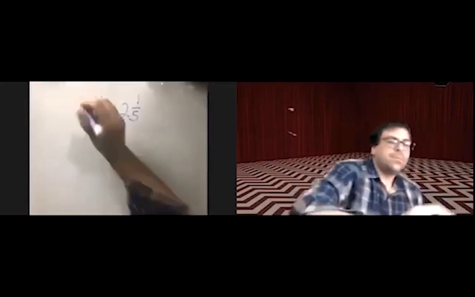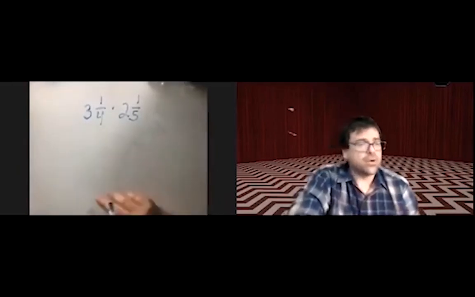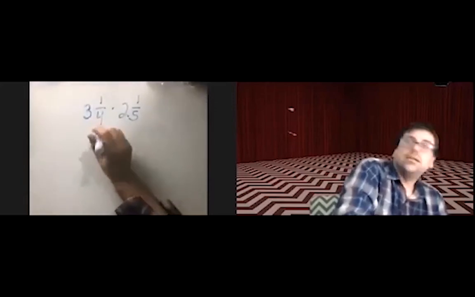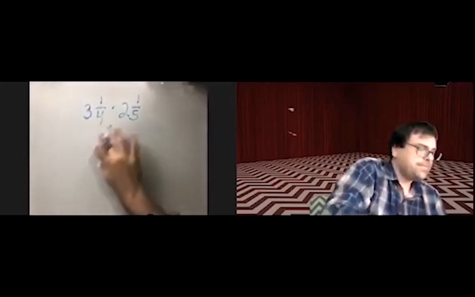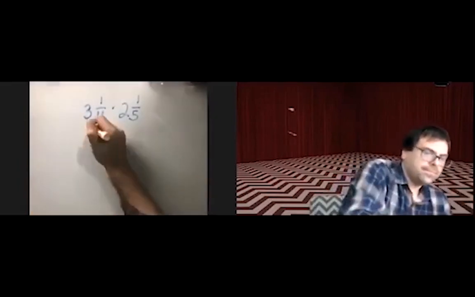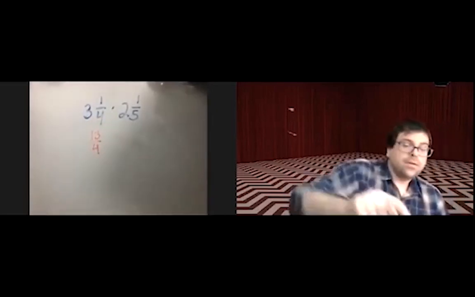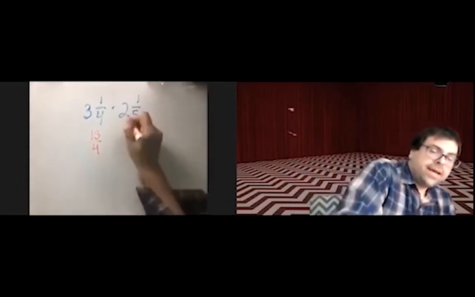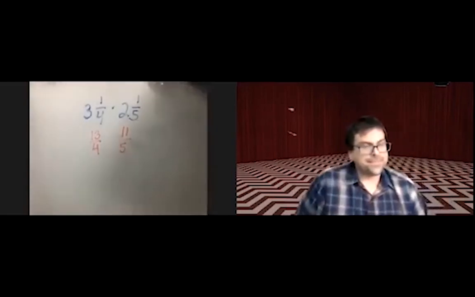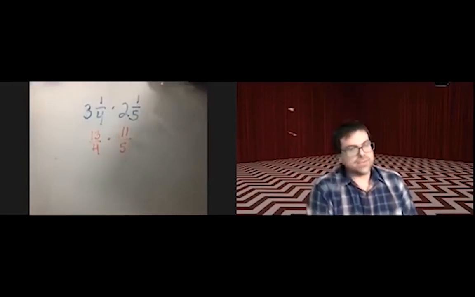And remember, when we're multiplying and there's a mixed number involved, we have to change it to an improper fraction. 12 plus 1 makes 13 fourths. 10 and 1 makes 11 fifths. We're multiplying and nothing cancels.